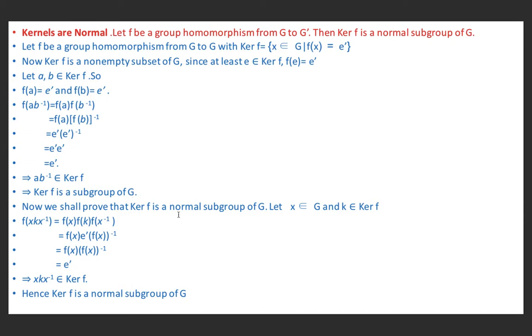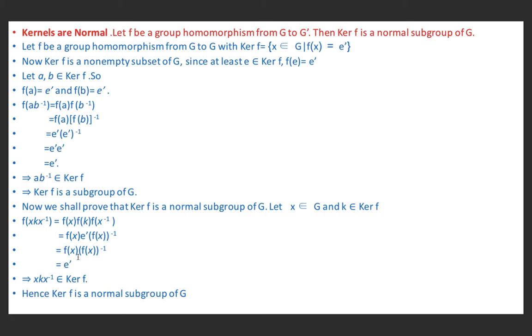Now we shall prove that the kernel of F is a normal subgroup of G. Let X belong to G and K belong to the kernel of F. It means F of X K X inverse is equal to F of X, F of K, F of X inverse, because F preserves the operation of a group, F being a homomorphism. This is equal to F of X, F of K, F of X inverse, which is F of X times E dash times F of X inverse, because K belongs to the kernel of F. Therefore, F of K is E dash, and F of X inverse is F of X inverse by the property of elements under homomorphism.